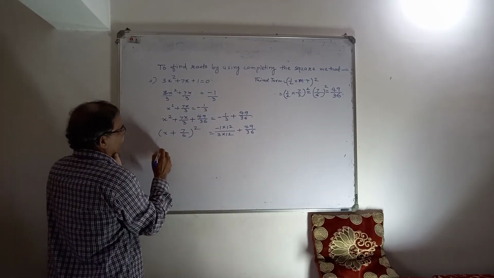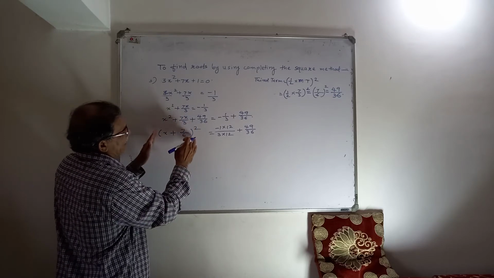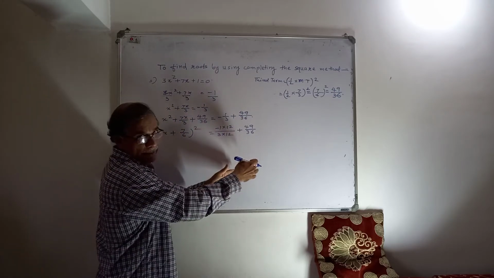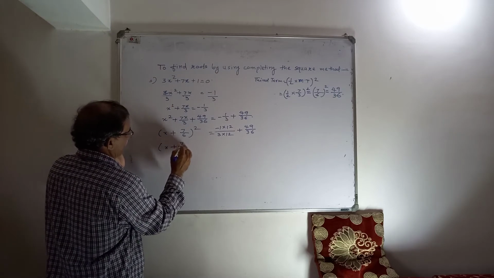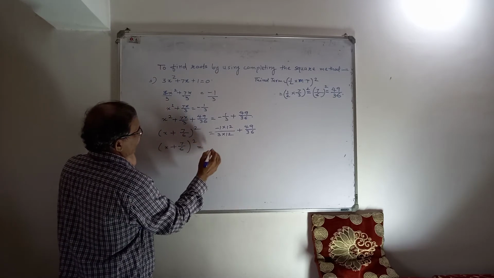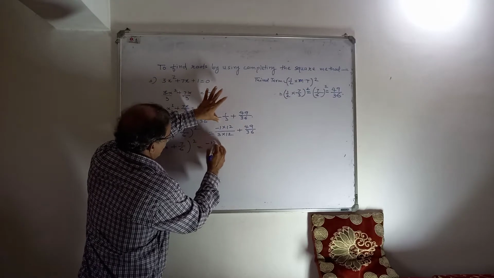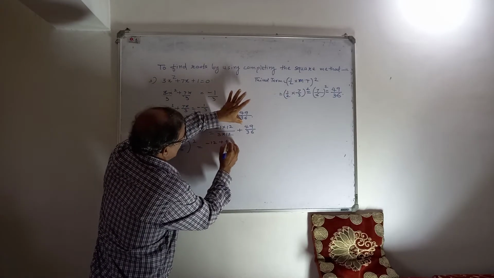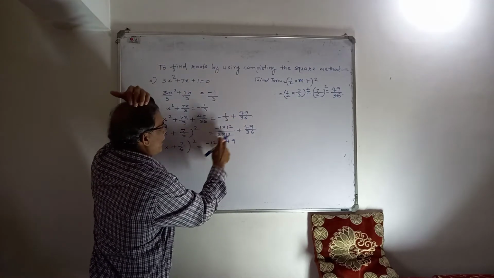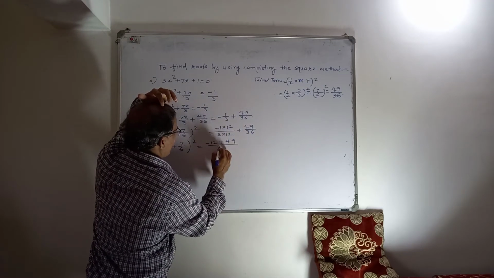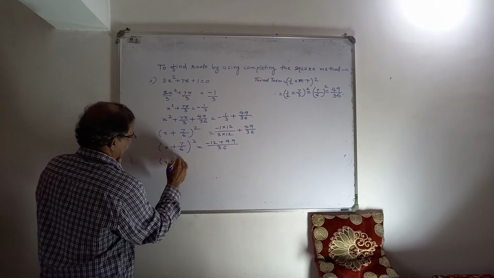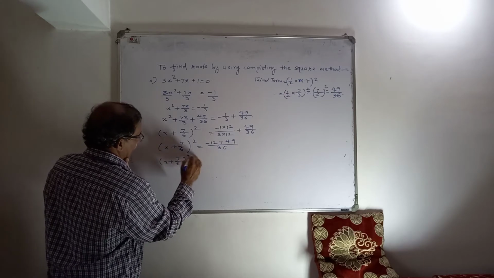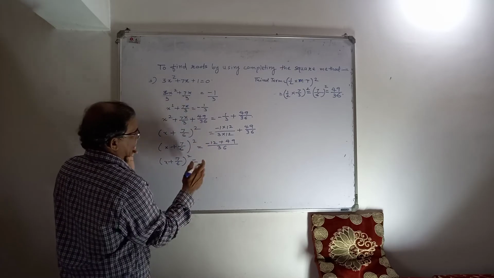Okay. So now this square will be as it is till we get the answer on the right hand side. So x plus 7 upon 6 whole square is equal to minus 12 plus 49, and whole upon 36. So x plus 7 upon 6 whole square is equal to 49 minus 12.